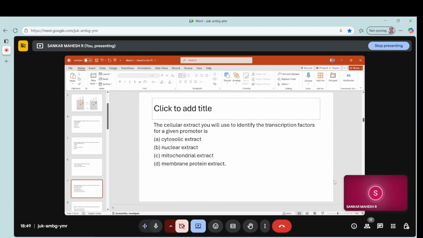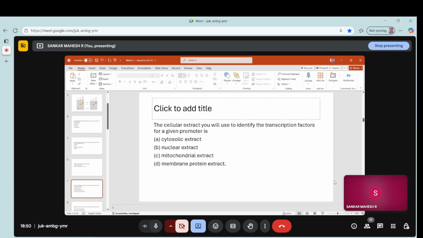Now from prokaryotes to eukaryotes, normal eukaryotes, let's say mammalian cells. Where do you think you will be able to find the transcription factors? In the nucleus. In the nucleus, right. So option B is also possible if it's a eukaryote. What about mitochondrial extract? Why was mitochondrial extract mentioned here? Any idea on that? Even it has its own DNA.